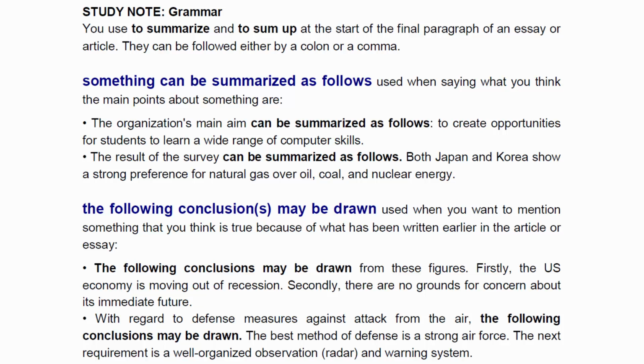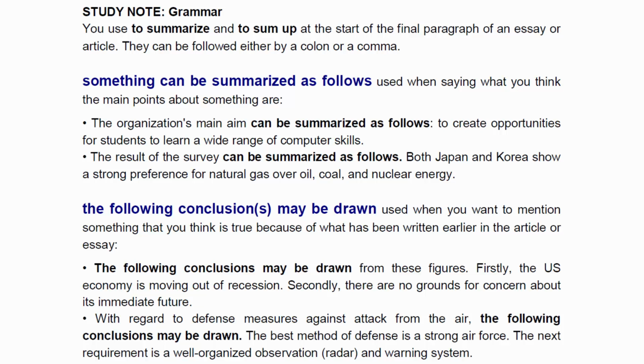Okay, let's go on. "The following conclusion may be drawn." Now, this is another phrase. The following conclusion may be drawn, used when you want to mention something that you think is true because of what has been written earlier in the article or essay.